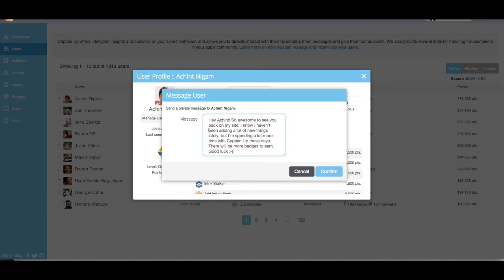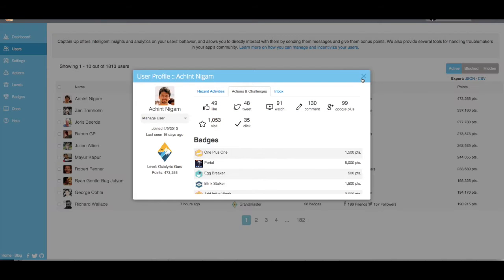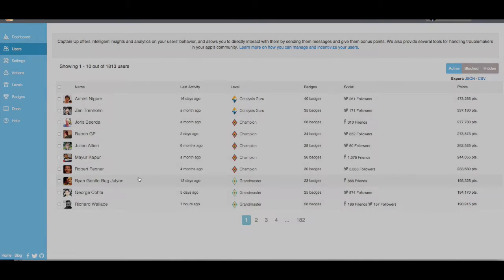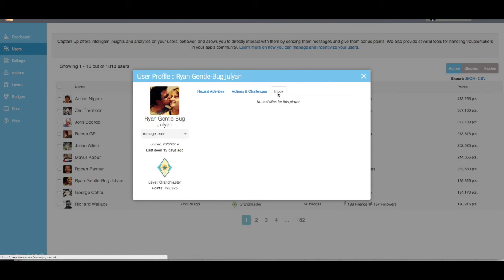Good luck. See, the whole point is that when you message these people, it brings them back, and obviously they know who you are because they've been on your site so much. You're their highest point earners, and so it really makes them feel like, hey, I'm part of something. Yu-Kai Chow really cares, and so we can start really talking to each other.